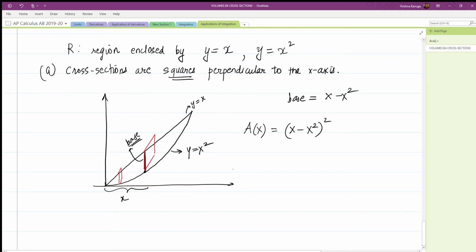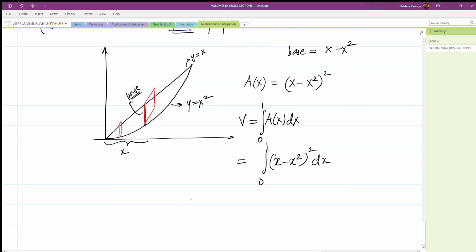So we have the area simply in terms of x, and now we can find the volume. The volume is equal to the integral of the area with respect to x, from 0 all the way to 1, which is the integral of x minus x squared, the whole square, from 0 to 1 with respect to x. Here we have to be careful.